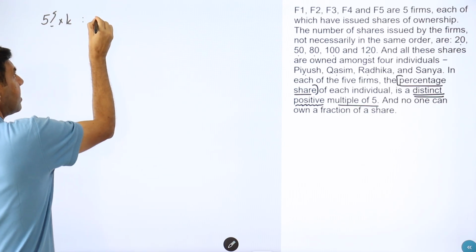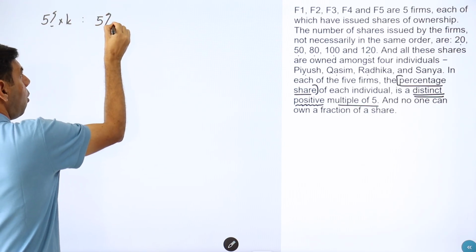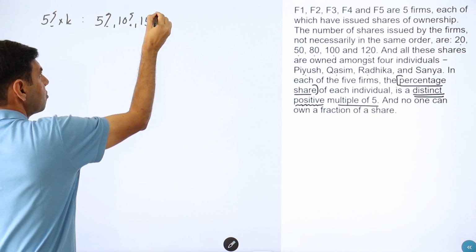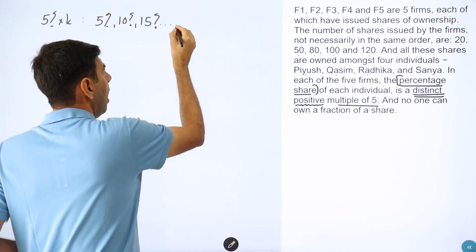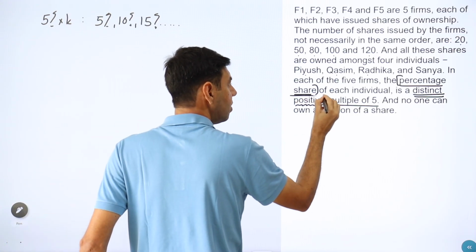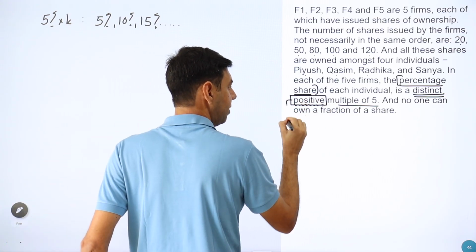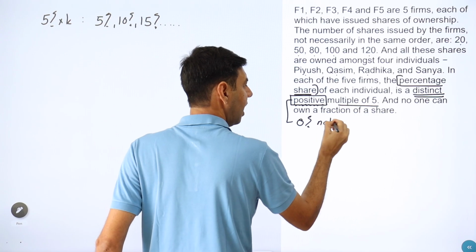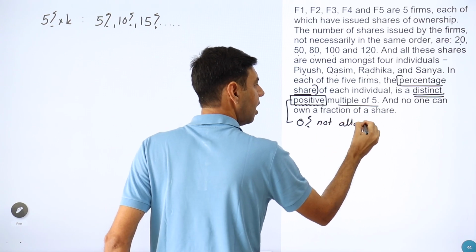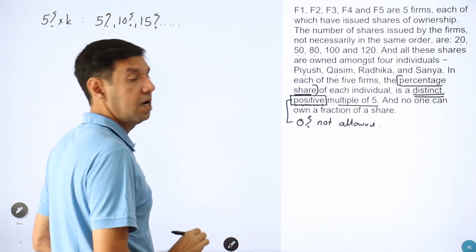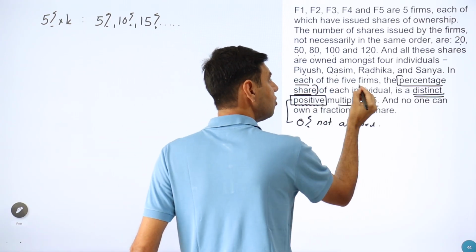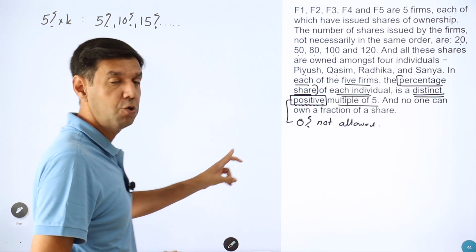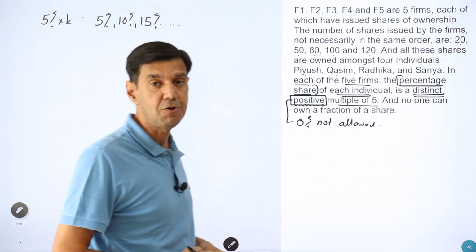Yes, it could be 5% or 10% or 15% and so on. But what you also need to know is this is a positive multiple. So 0% is not allowed. And this is for each of the 5 firms and each individual. So no one can have 0%.